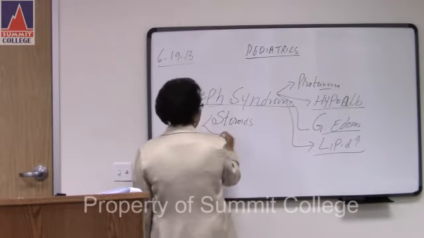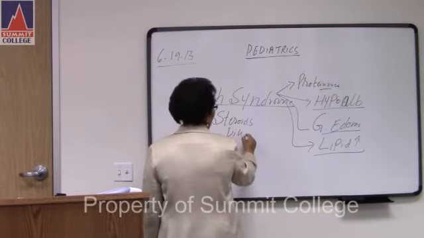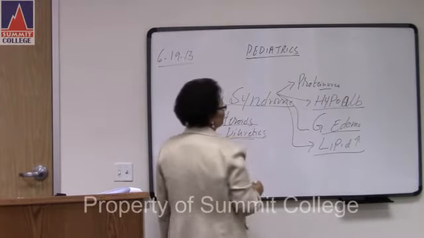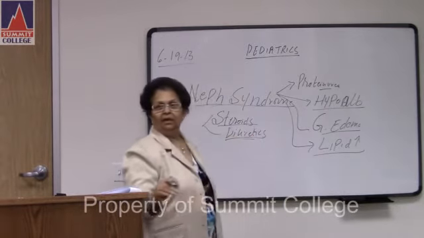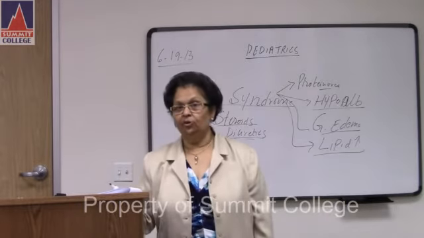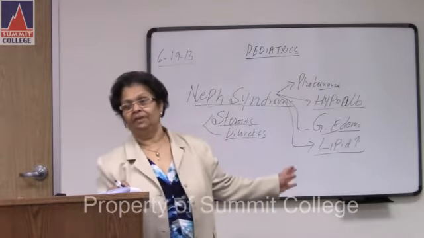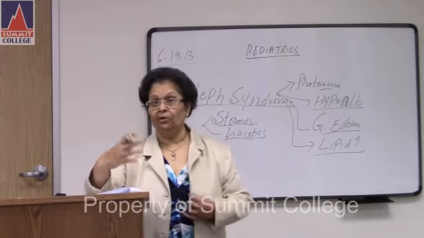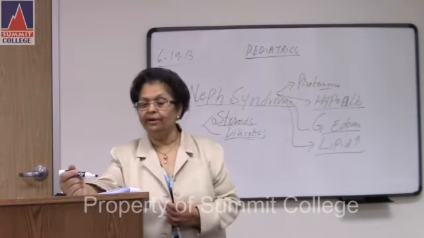And second thing, you're giving them diuretics. So we are treating them with steroids and diuretics. Now our questions are going to be a lot on your symptoms and the treatment. So it looks like few lines, but the questions are very wide on nephrotic syndrome.